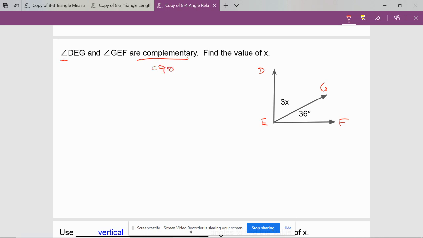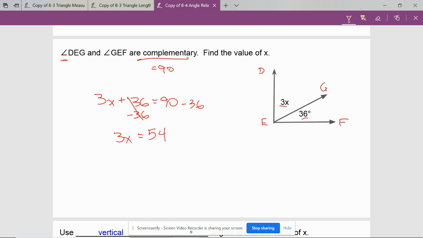So we have 3x plus 36 equals 90. Now we just figure this out as a two-step equation problem. So we're going to minus 36 here, minus 36 there. Whatever we do to the left, we have to do to the right. It's going to give us 3x equals 54.